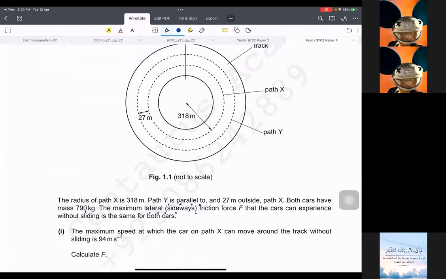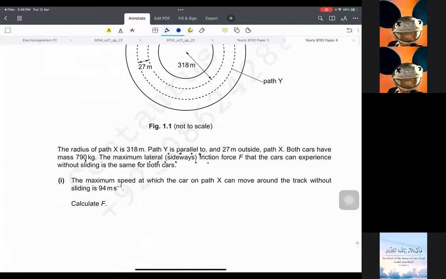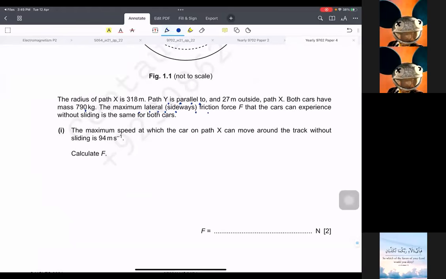The maximum lateral sideways friction force that the cars can experience without sliding is the same. The maximum speed at which the car on path X can move around the track without sliding, so you got to find F. So that should be F equals mv squared over R. So basically friction is providing this and we got to find this.